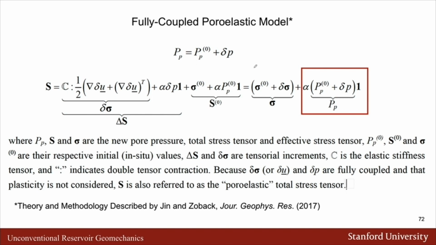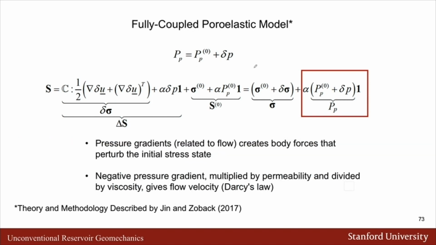The gradient in pressure associated with flow is basically creating a body force, and that body force is, in fact, then the stress that gets superimposed on the initial stress state to cause a stress perturbation, okay?